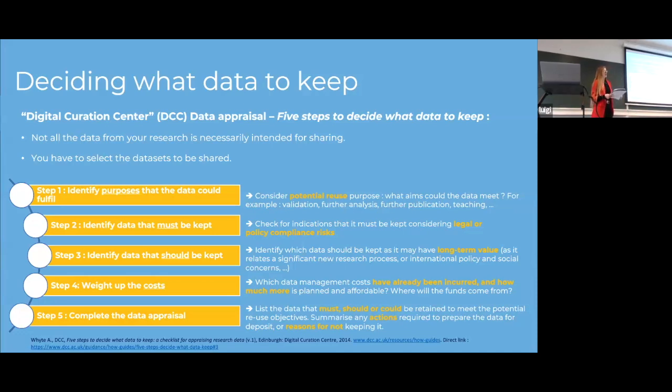For example, it's important to share for further analysis or for validation of my data by other users, or for example, by reviewers of my paper. It's important to consider the potential reuse. What aims could the data meet?